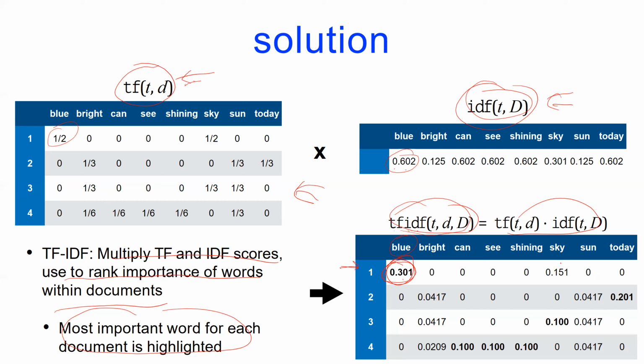The sky appeared equally frequently in document 1, but unfortunately it also appeared in another place, so it becomes less important. So blue becomes the keyword for the first document. Same thing for document 3, this word is very important. For document 4, these 3 words are equally important. So now you have a very good signature, or understanding, of the important words for those documents.